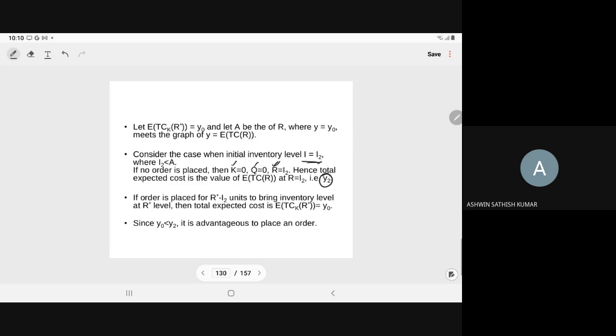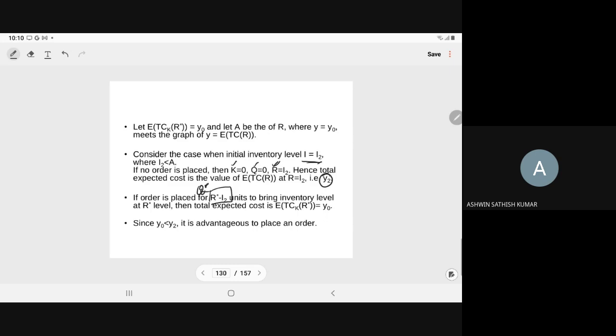If you are ordering, how much will you order? You have to order R star minus I2, because R star is the optimal inventory level and the initial inventory level is I2. The difference is what you have to order, that is Q star, so Q star is equal to R star minus I2.